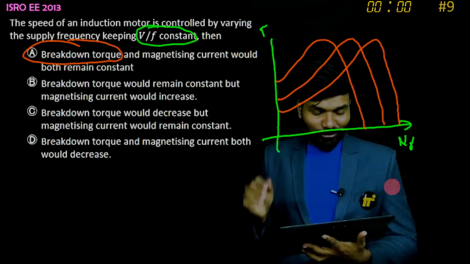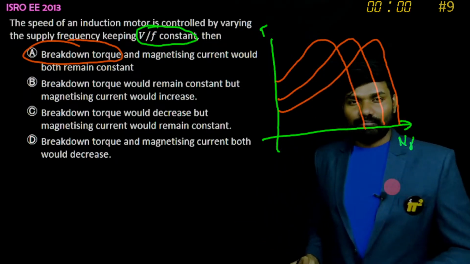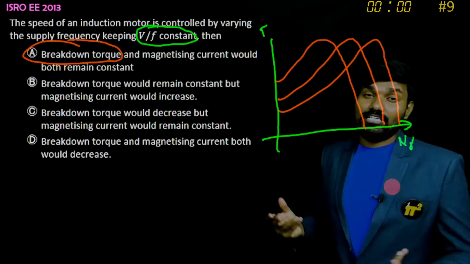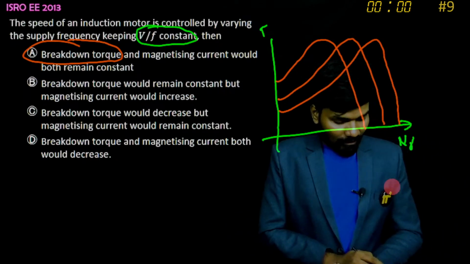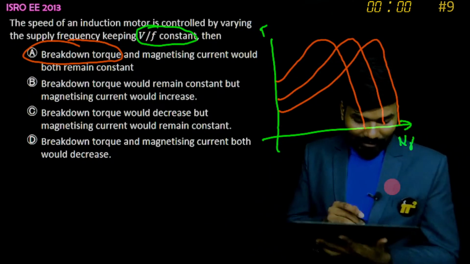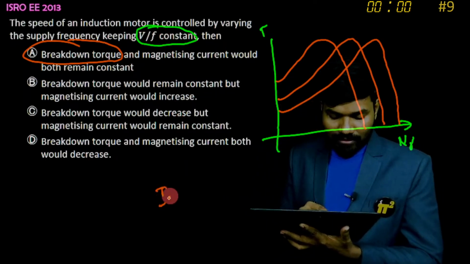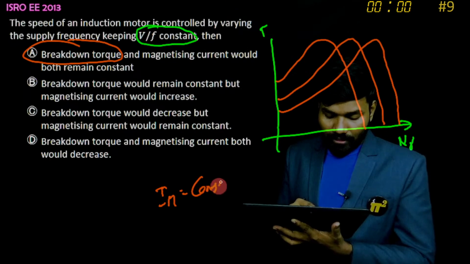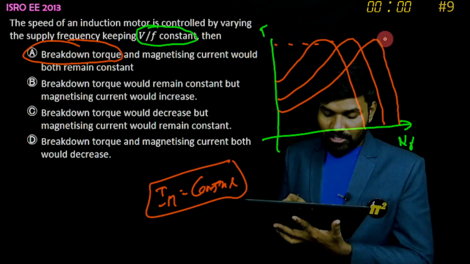So you have to know these alternative names. They will call it stalling torque, breakdown torque, maximum torque. All mean the same. And what will happen to the magnetizing current? Just now I said, if V by F is constant, magnetizing current will be constant.